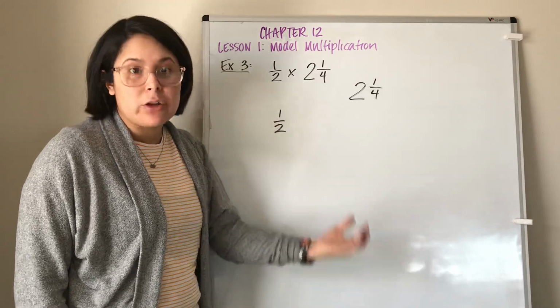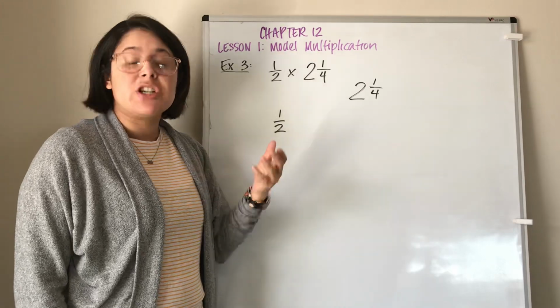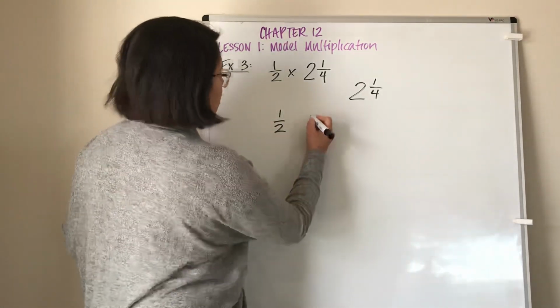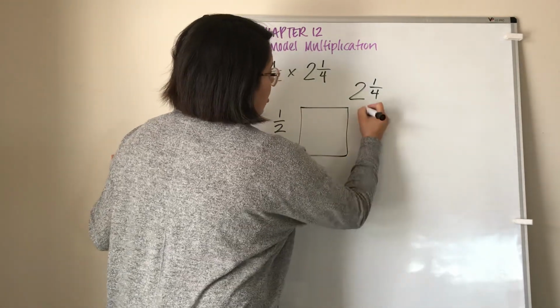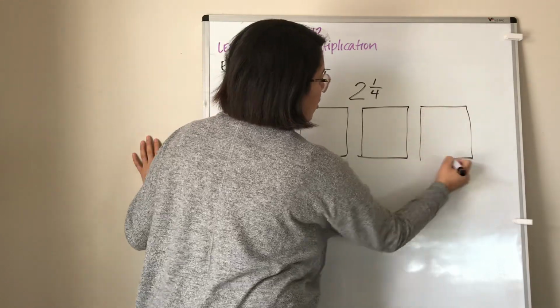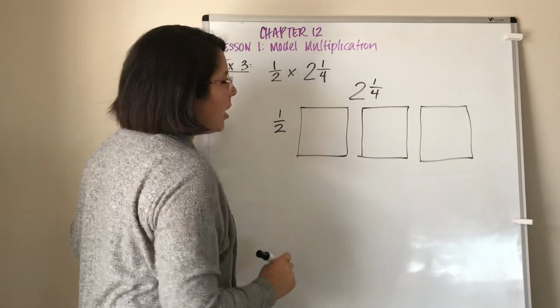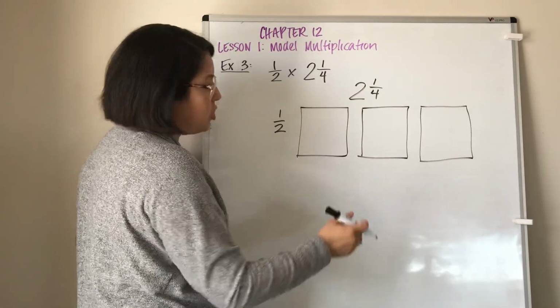You said, hey, can I order 3 pizzas? And let's say you had 2 1/4 left over. Originally, you started with 3 pizzas. So I need 3 boxes. 1, 2, 3.